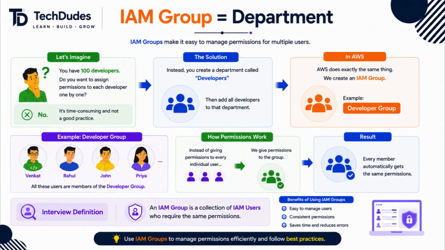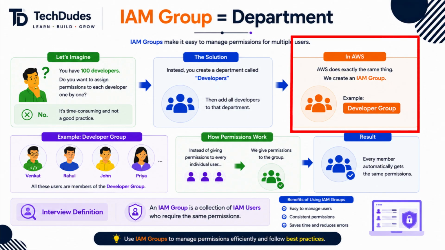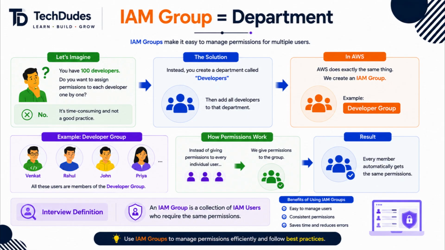We can create this developers group, then add all the developers to that department. AWS does exactly the same thing. We create an IAM group, for example developer group, and we assign all the users to the developer group. Now instead of giving permissions to every individual user, we give permissions to the group. Every member automatically gets the same permissions.